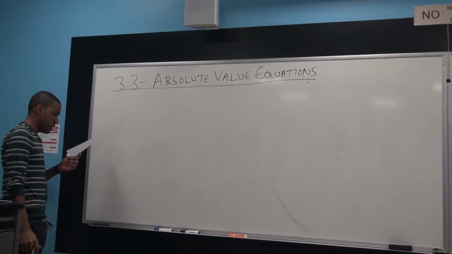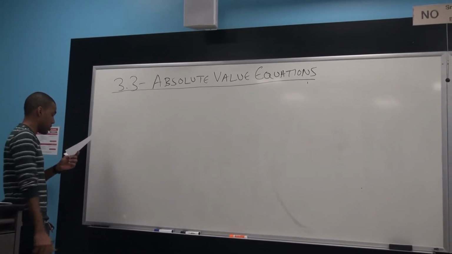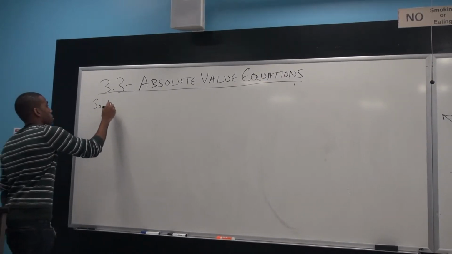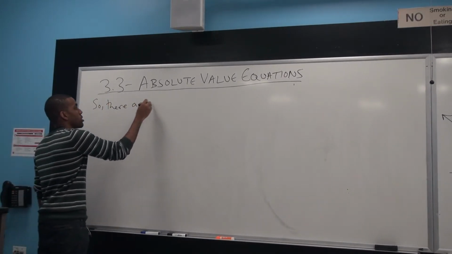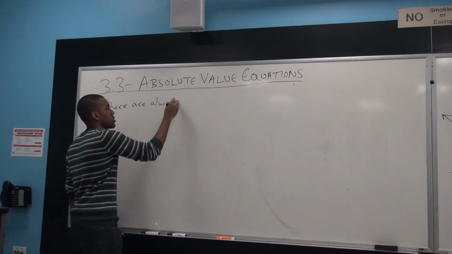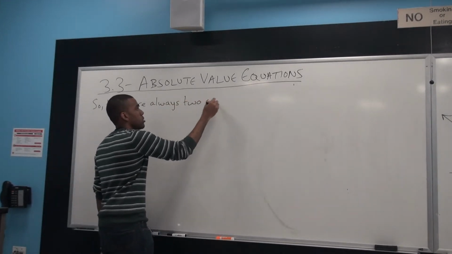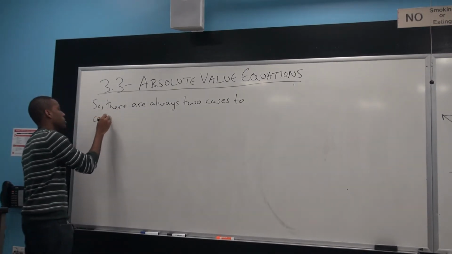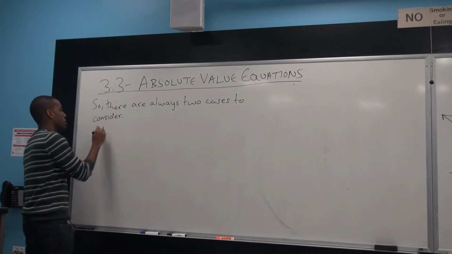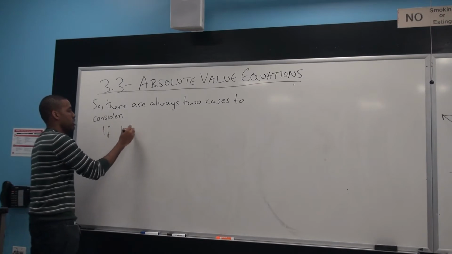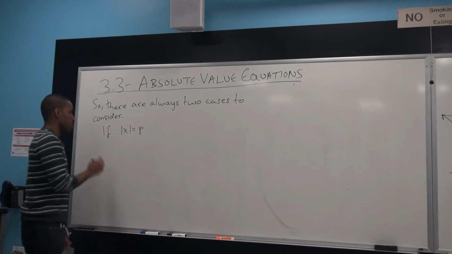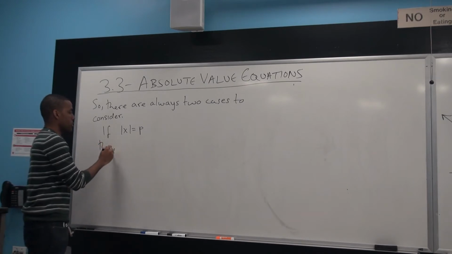Well, there are a couple more things, but I'll get to that when we get to it. So there are always two cases to consider. If the absolute value of x is equal to p, these are just numbers or variables, whatever you want to call them, then there are two cases.